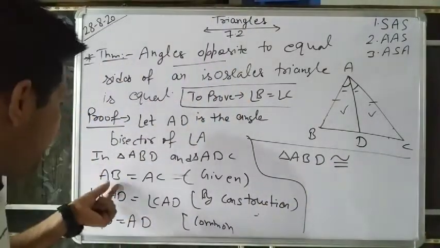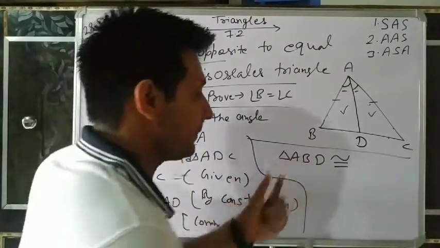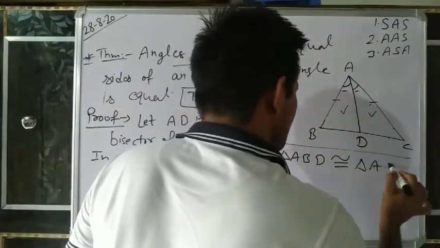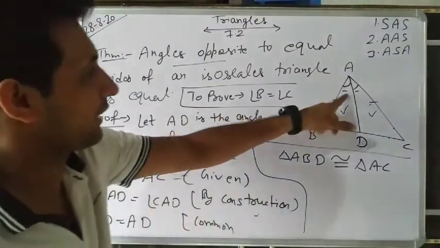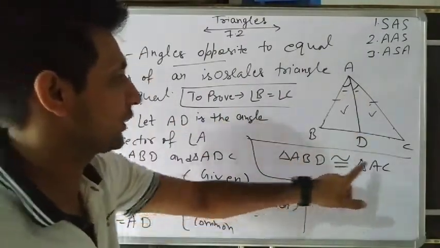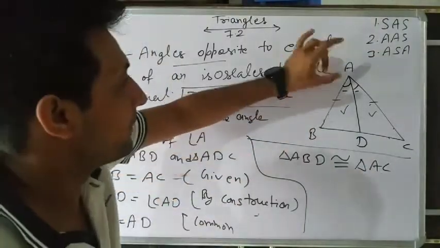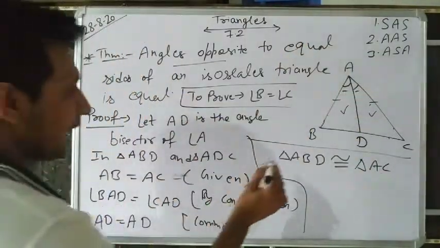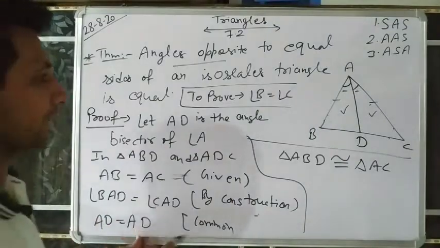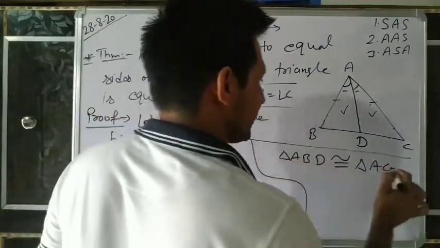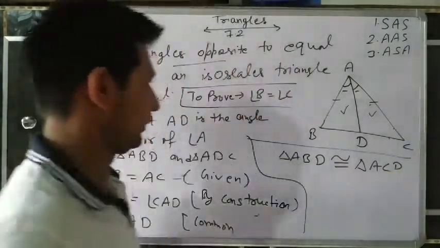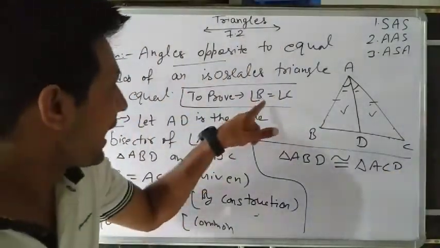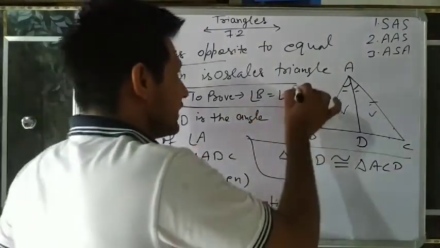Corresponding part AB equals AC. Here is first, so here is also first. Next, AD equals AD, common. A is first and last. So these are congruent.